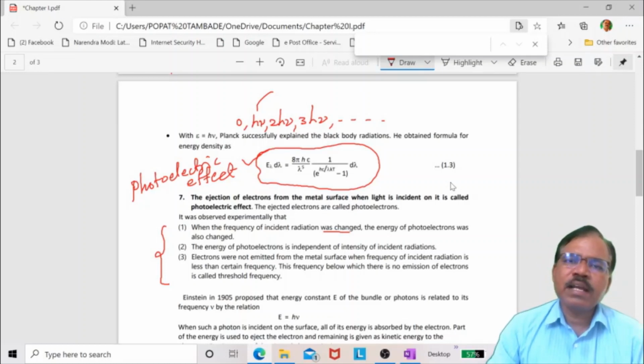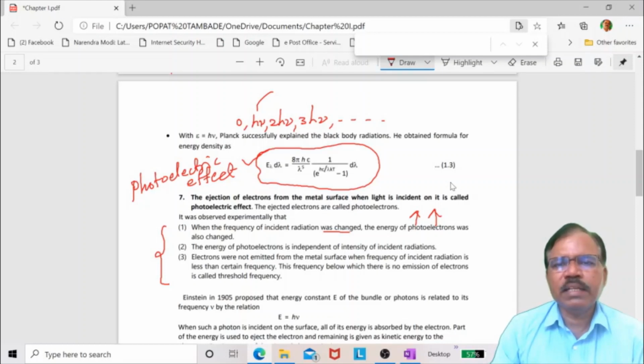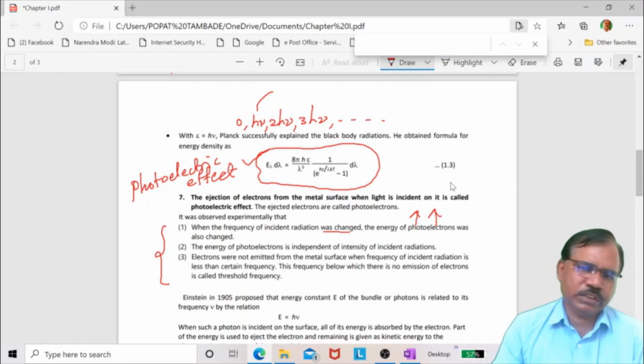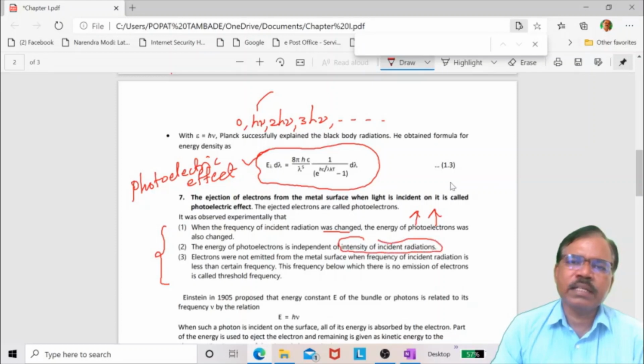In fact, the energy of photoelectrons increases when the frequency of incident radiation increases. The second observed fact is that the energy of photoelectrons is independent of the intensity of incident radiation, while photocurrent depends on the intensity of incident radiation, but energy is independent.